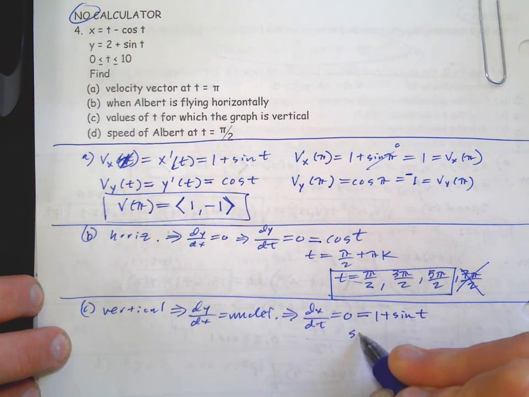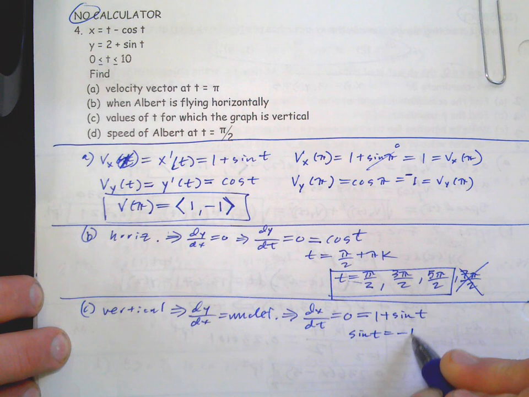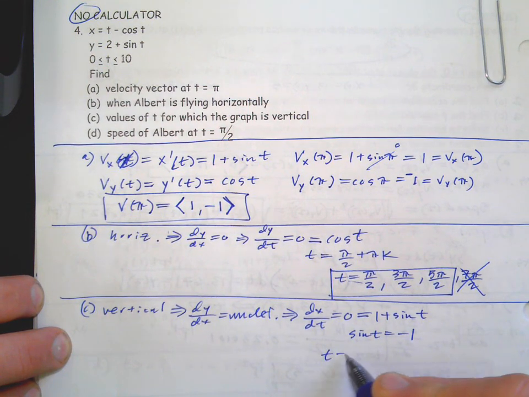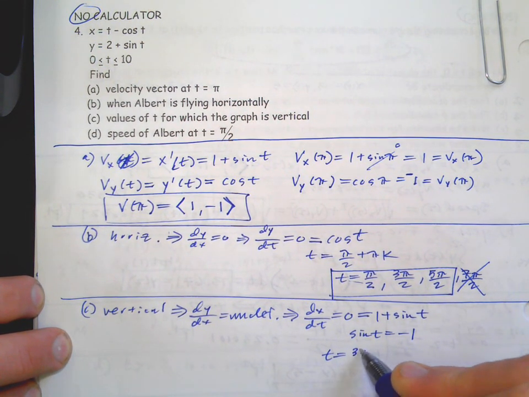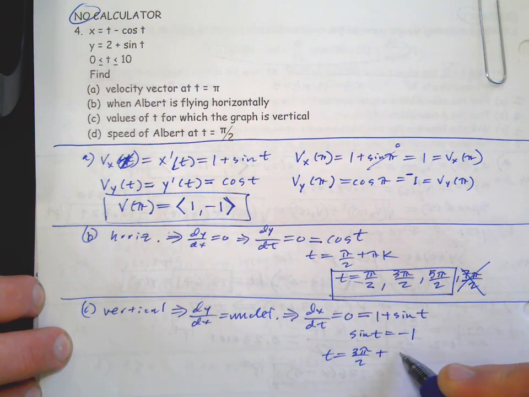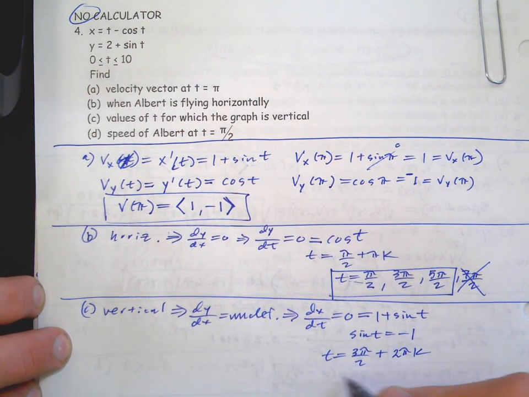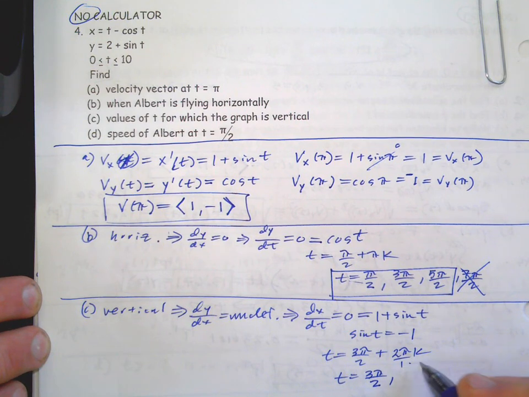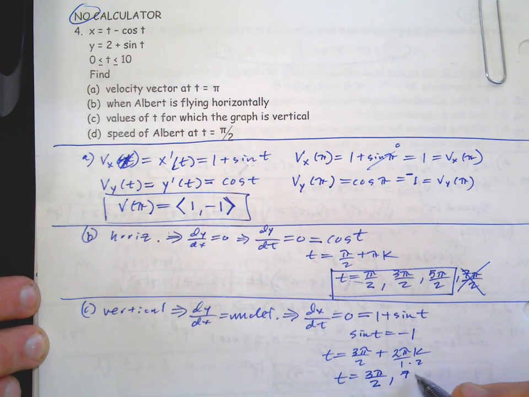So sine t equals negative 1. So t equals 3 pi over 2 plus 2 pi k. And so 3 pi over 2, and the next one would be 7 pi over 2. That's too big. So we have that.